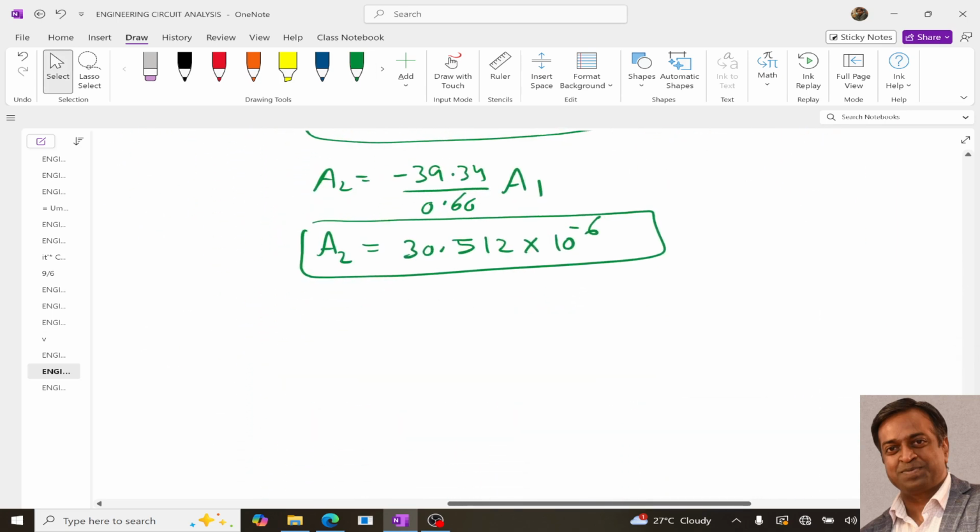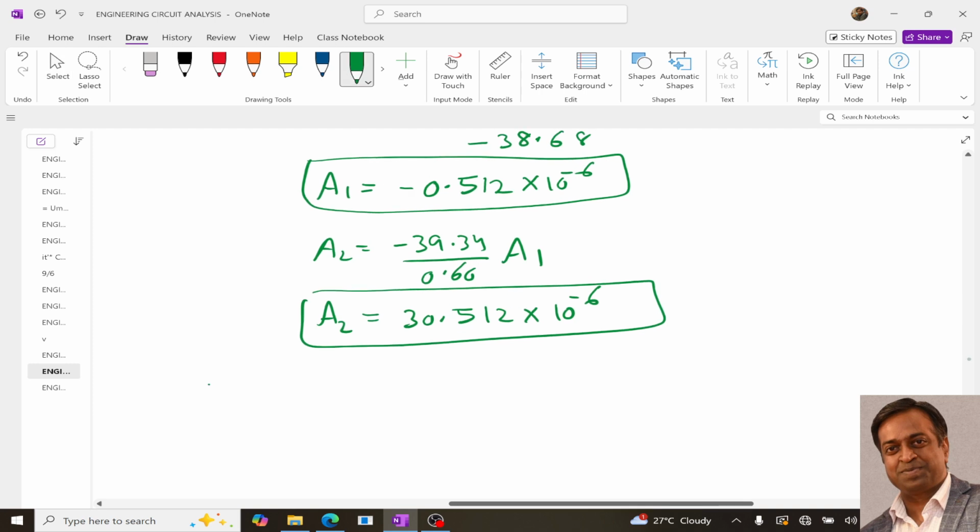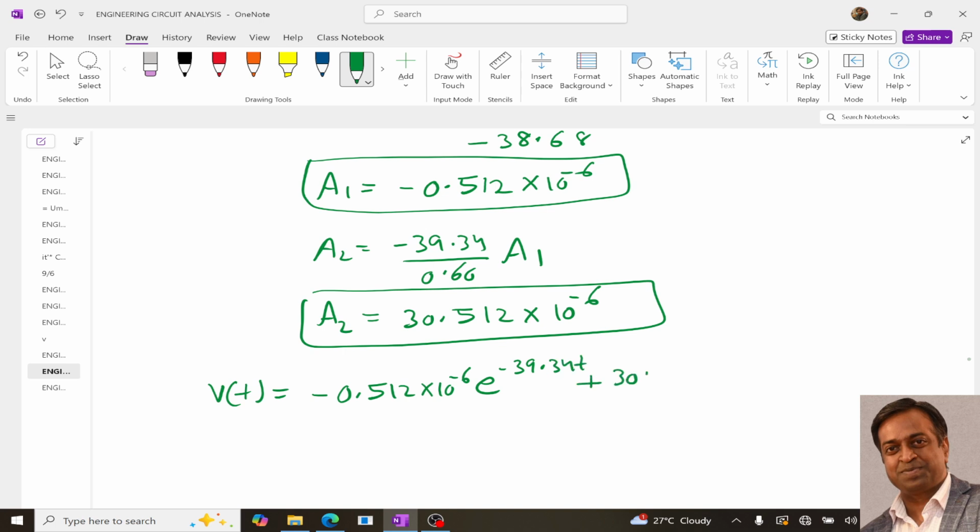So our VT will be A1, so minus 0.512 into 10 power minus 6 e power minus 39.34t plus A2, 30.512 into 10 power minus 6 e power minus 0.66t.